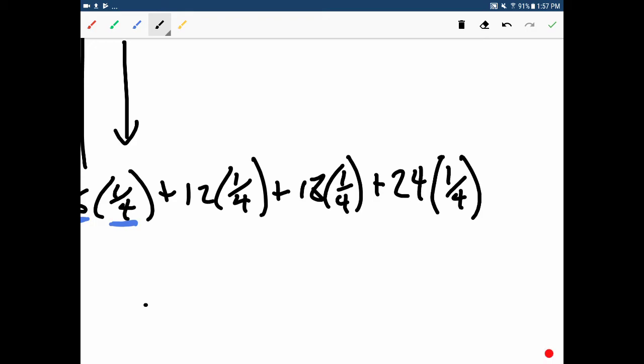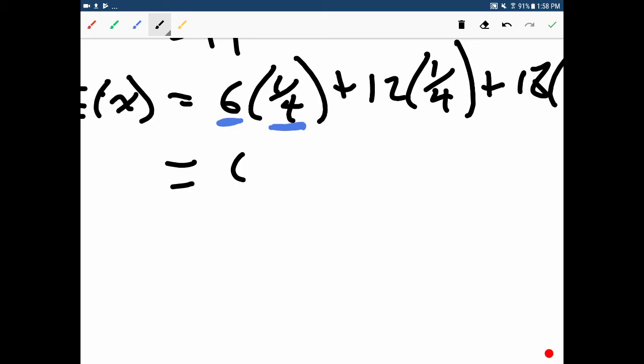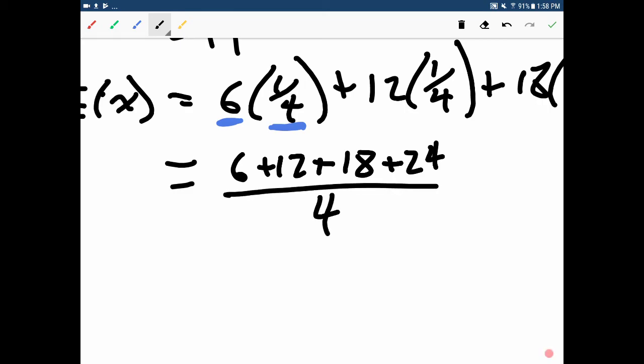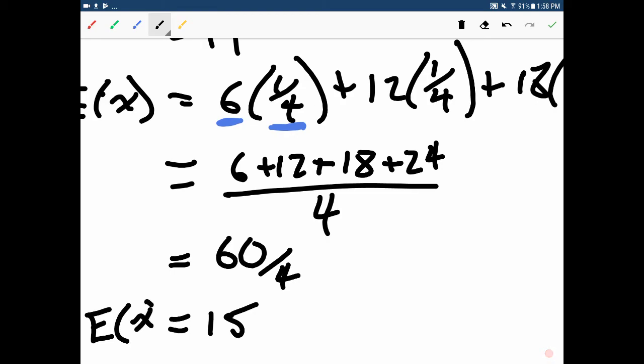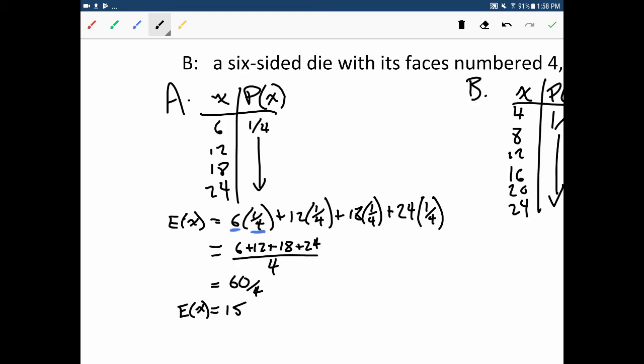Because it's uniform, I can cheat and just say that's 6 plus 12 plus 18 plus 24, all divided by 4. That works out to 60 over 4, which equals 15. So we expect to roll a 15 on this die. I'm going to keep saying this all unit: expected value doesn't have to make sense. You can't roll a 15 on this die, but that is what we expect to happen.